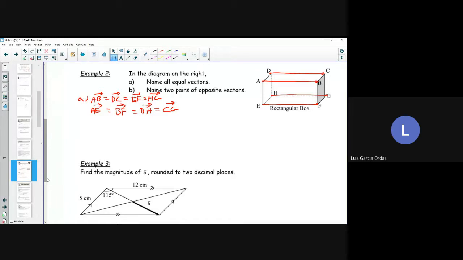So from A to D, that is the same thing as writing B to C, which is equal to vector EH, which is equal to vector FG. As you can see, those are all equal vectors because they are going in the same direction.